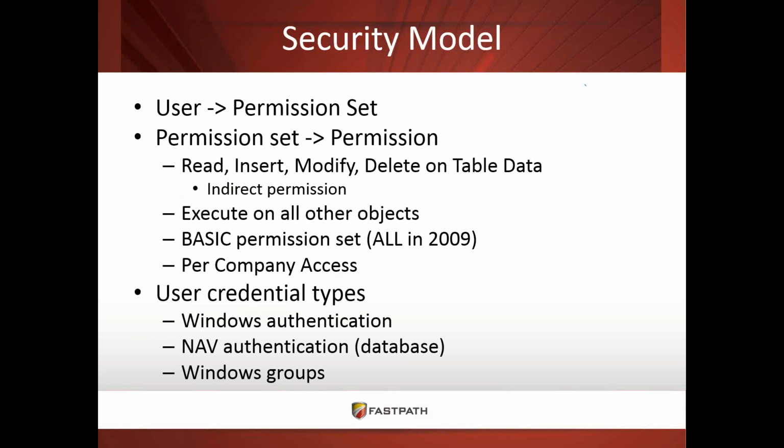So if you're a larger company and you have, let's say, 10 AP clerks that should have all the same permissions, you can create a Windows group for those AP clerks, assign the permission sets to the group, and you only have to assign that permission once. As long as they're a member of that group, they will just inherit the permissions.